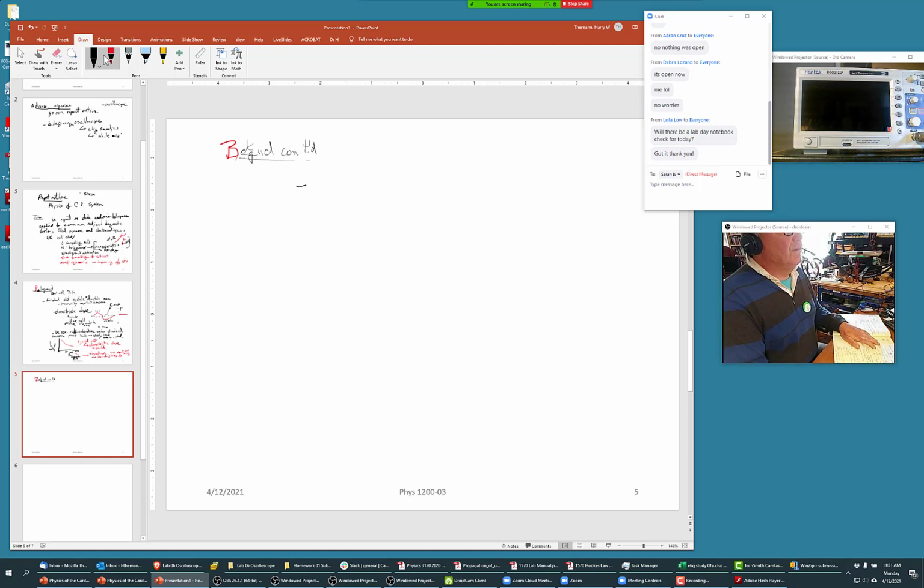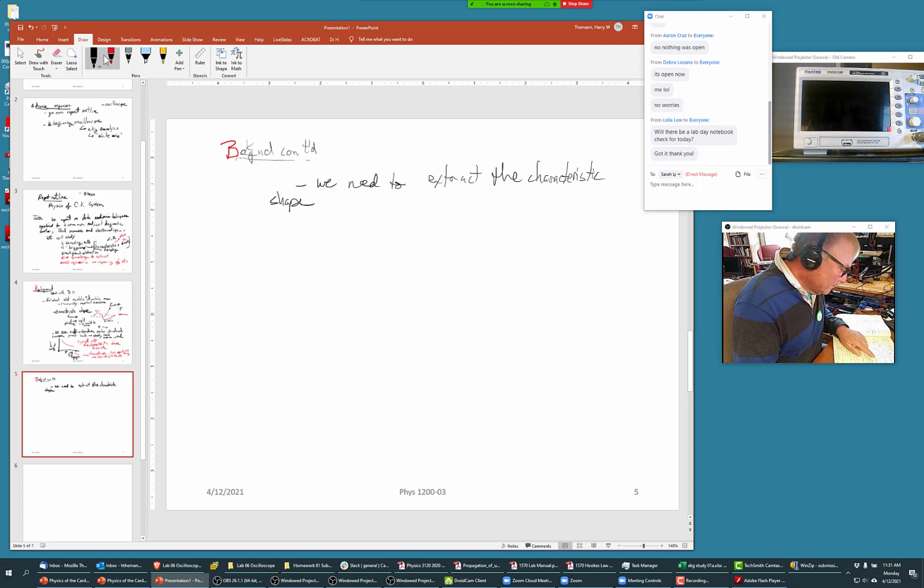So we realized we need to extract the characteristic shape and then we have to extract again.